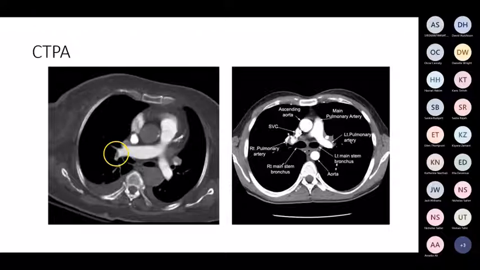So the right side is actually on the left side of the screen because you're standing at the feet, if that makes sense. In the picture on the left-hand side, I've circled what a clot would look like on a CTPA. So they're the pulmonary arteries, and that's a clot in the right pulmonary artery. And it's just good to be a bit familiar with the anatomy on a CTPA.